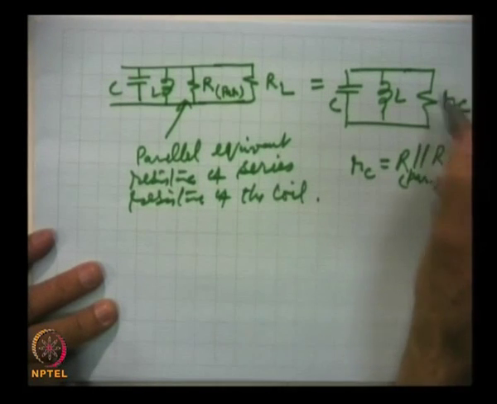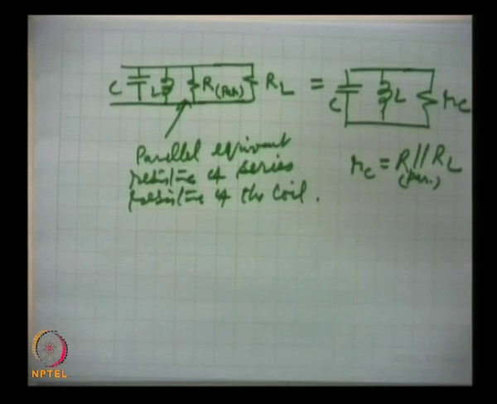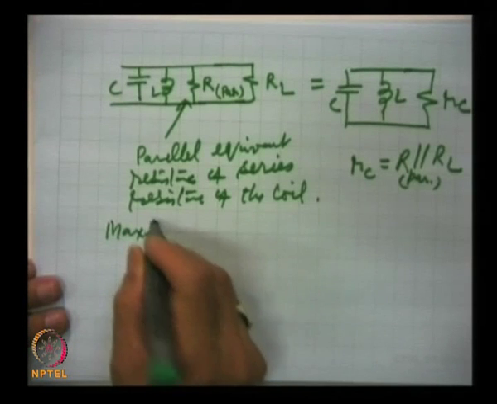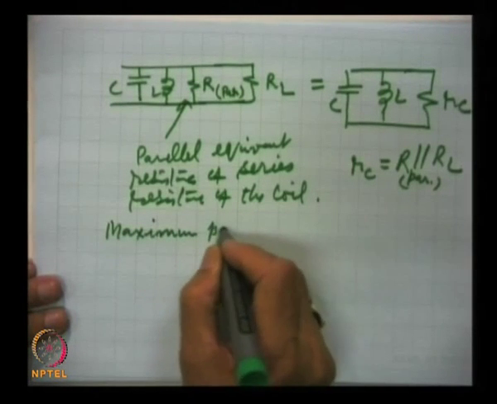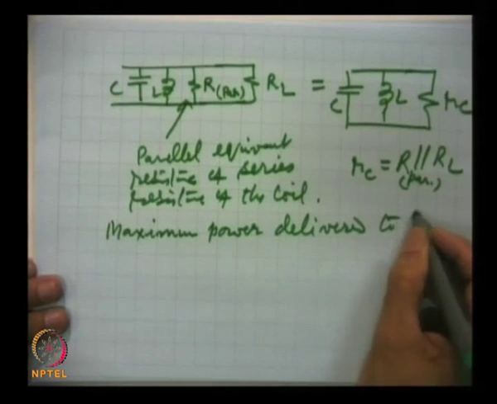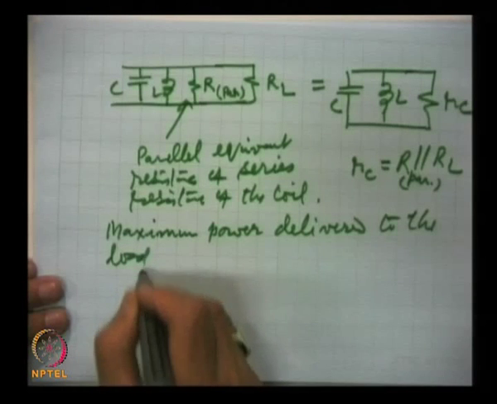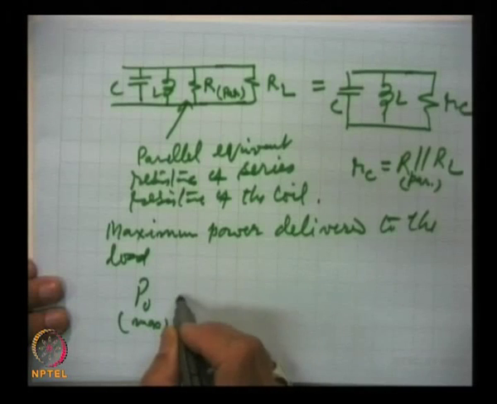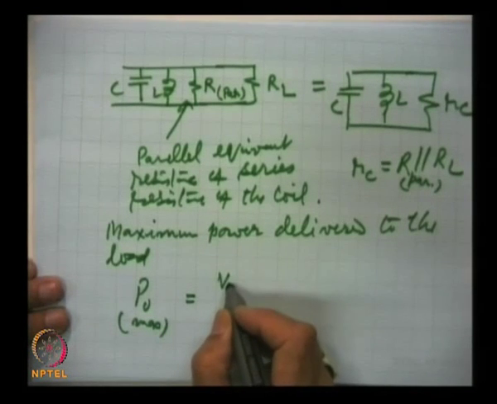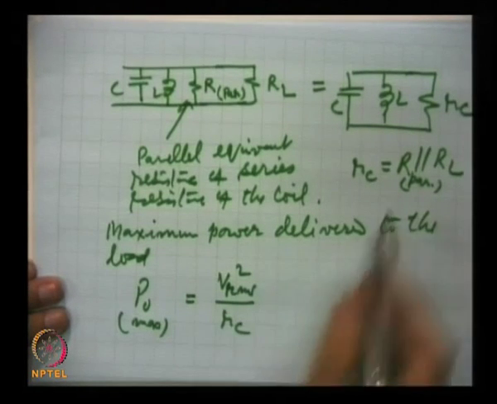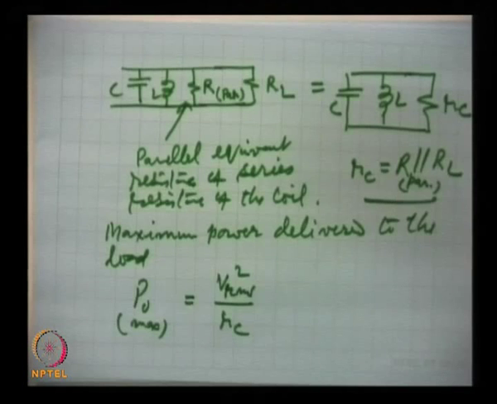So, this is the AC circuit, and the maximum power delivered to the load, P_O max, is equal to Vrms square by Rc, where Rc is the effective value of the load.